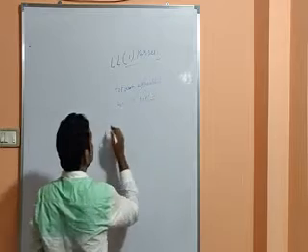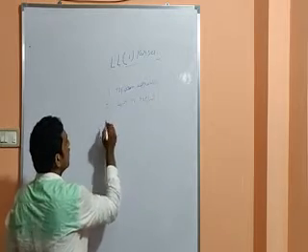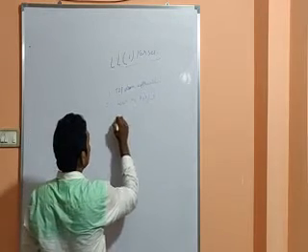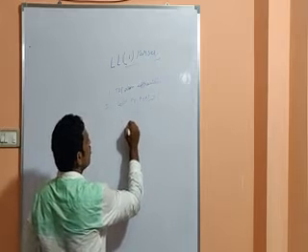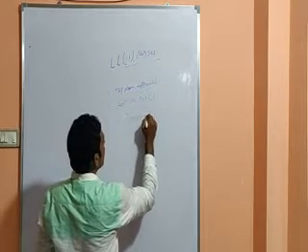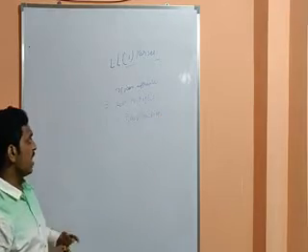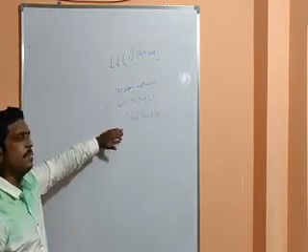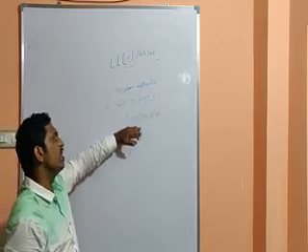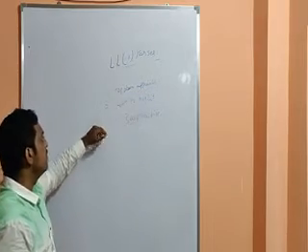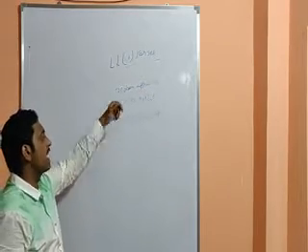This is the second important point. And the third point is that in an LL1 parser, there is no concept of backtracking. Backtracking will not happen here. I hope everyone knows the meaning of backtracking. If not, you can watch my previous video regarding the disadvantages of the backtracking concept.